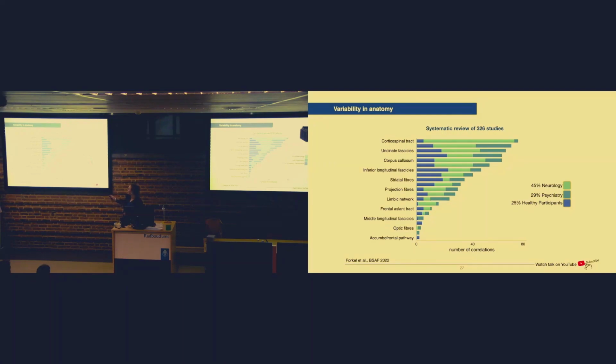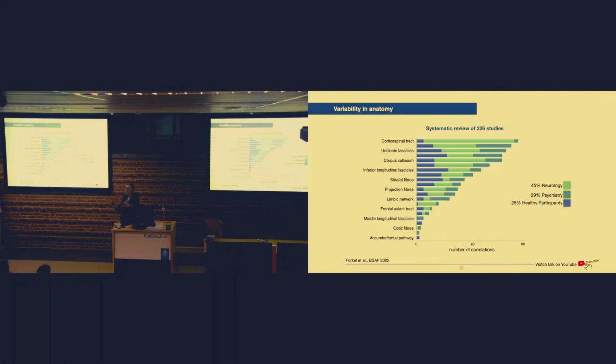Another thing that we learned is that some white matter connections are superstars in the literature, whilst others are a lot less prominently studied. There are different reasons for that. One of them is that the anatomy of the corticospinal tract, for example, has been extremely well documented in the literature, whilst other connections like the accumbofrontal pathway are less well known.